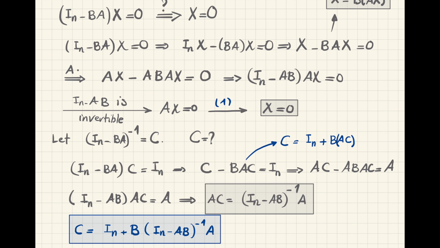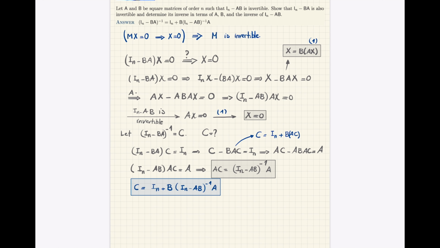Of course, if the answer is provided for you from the beginning, you don't need to be very creative. Whenever the inverse of a matrix is proposed in the problem itself, what you need to do to prove both invertibility and that this proposed inverse is the correct one is to just multiply these matrices.